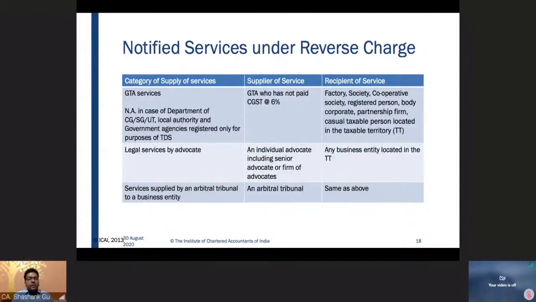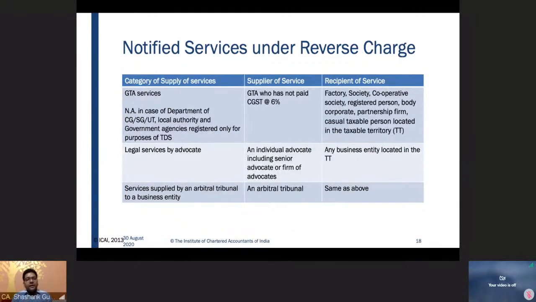So basically these all departments are required to take separate registration under GST specifically for the purposes of deducting tax at source under GST.